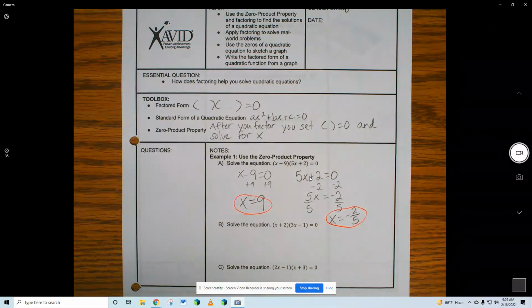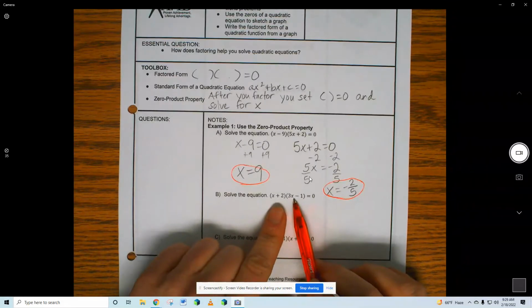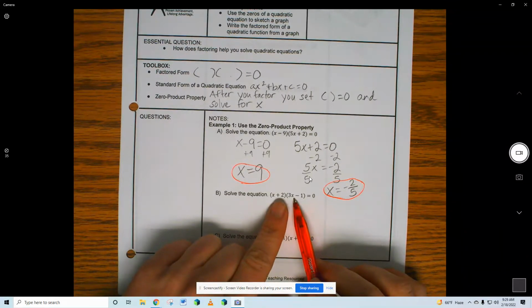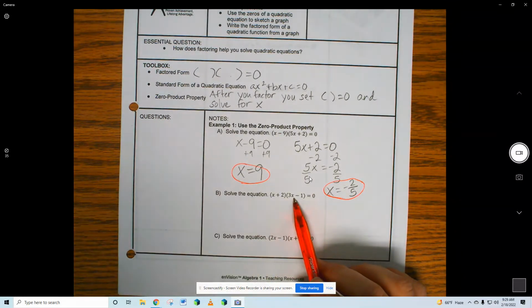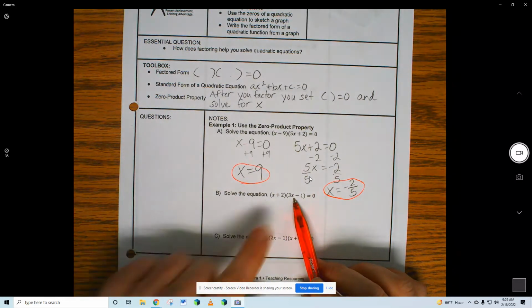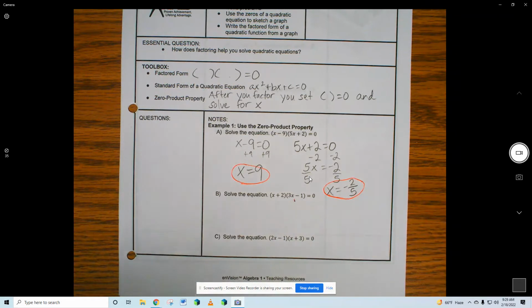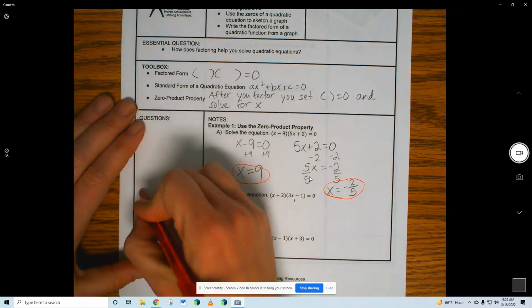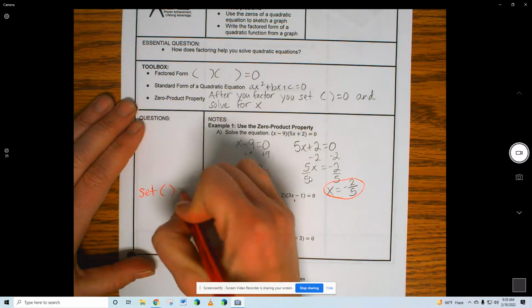B. Is B in factored form or quadratic form? What's that? Is that factored form or quadratic form? Factored form, because it's got the parentheses. Set the parentheses equal to 0.